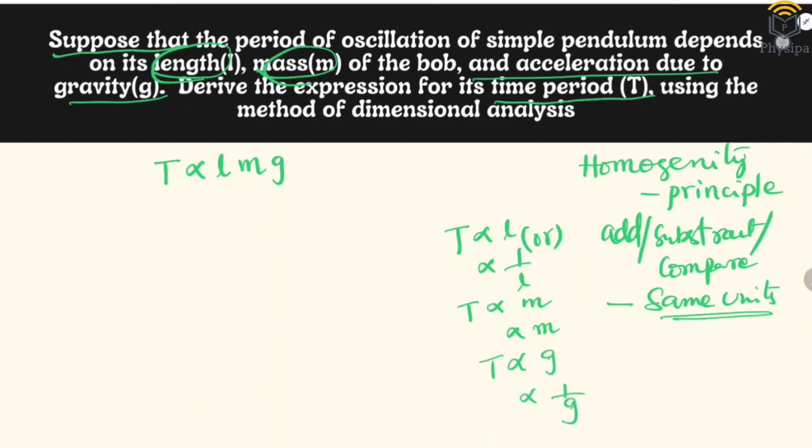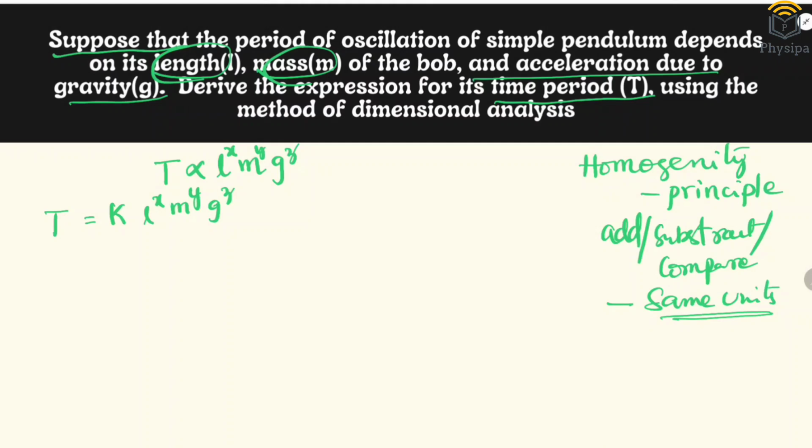And in the same way, we don't know the powers of L, M and g on which the time period depends. So we can say L power x, M power y and g power z. By removing the proportionality, we get the proportionality constant k into L power x, M power y and g power z. Okay.